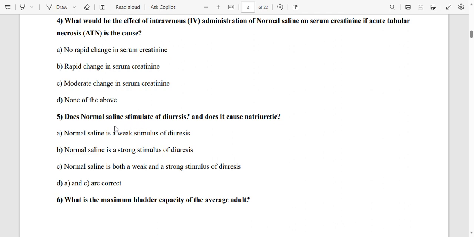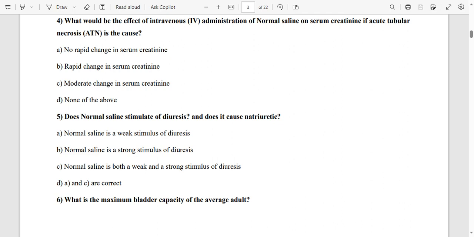So normally, normal saline does not affect the movement of water. It also does not affect the movement of salt, because normal saline has the same concentration as the concentration inside the cell. So if you add normal saline, it's not supposed to affect the movement of water nor the movement of salt.